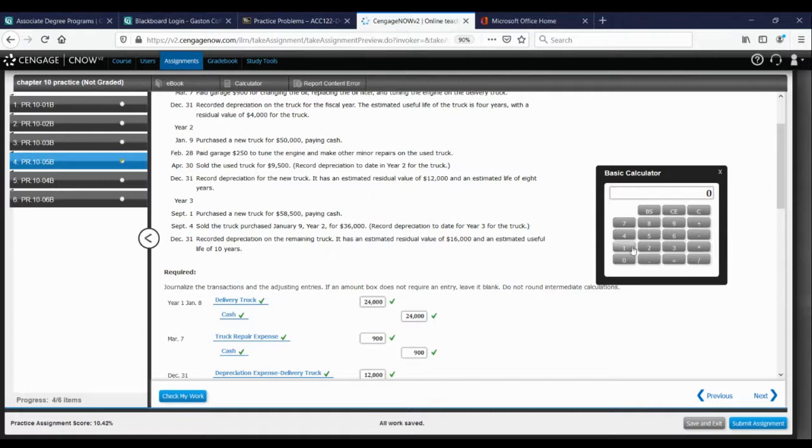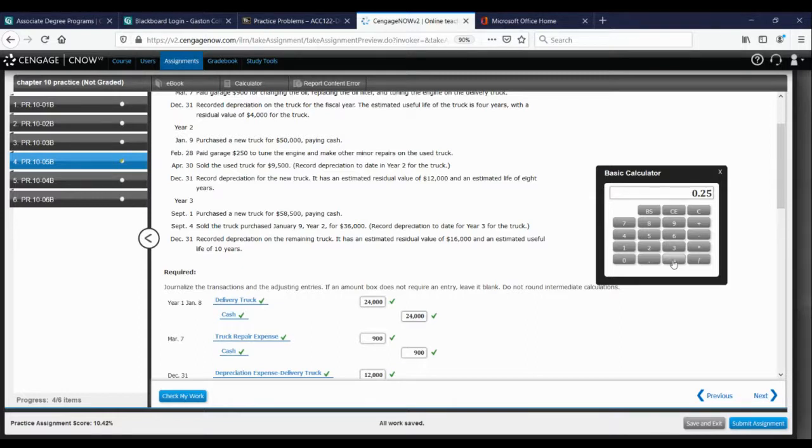And to do that, remember, we have to determine the straight line rate first, which will be 1 divided by the number of years in the life of the asset. In the new truck, our estimated life was 8 years, so we'll take 1 and divide it by 8. Notice this gives you 0.125. This is our straight line rate, but you have to multiply that rate by 2 to get twice the straight line rate. Therefore, we use that twice the straight line rate when we're calculating the declining balance method.